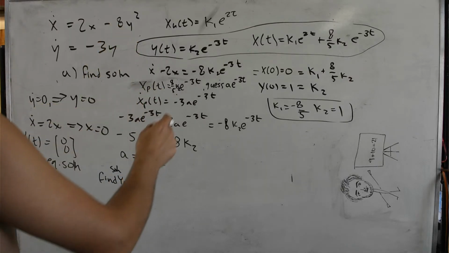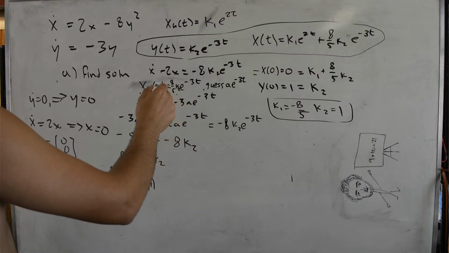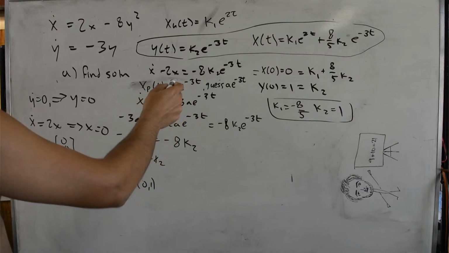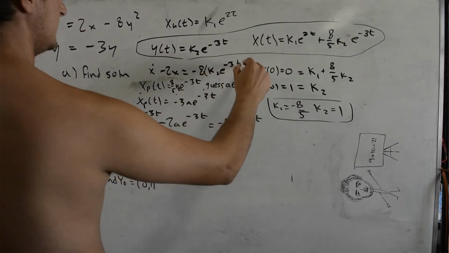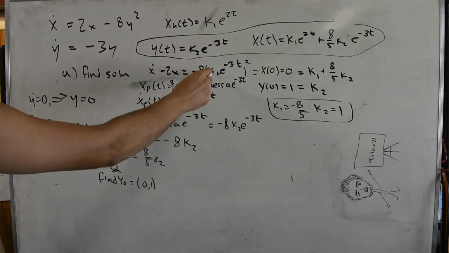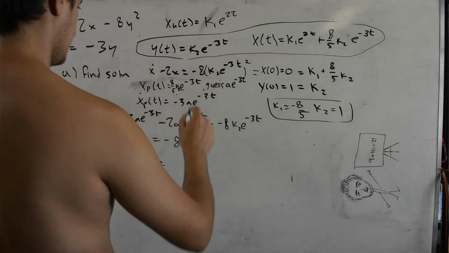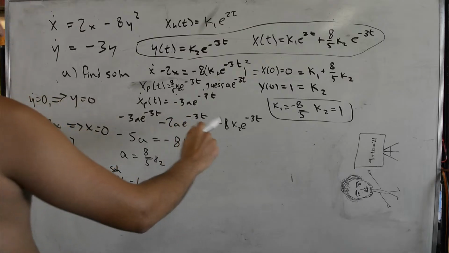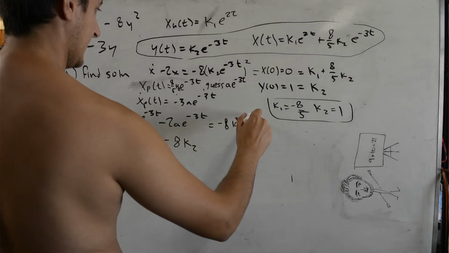Okay, so the problem here was that while we solved this, this needed to be squared. So then we got K2 squared, and then this should be, I think, minus 6, right?